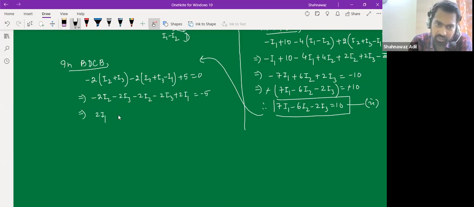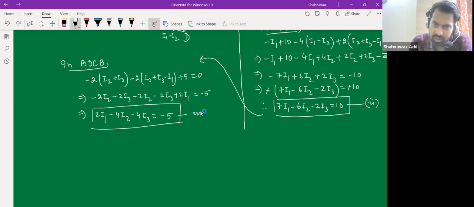So minus 4I2 and minus of 2I3, minus 2I3. This is the third equation. Right. This is the third equation, and now let us write all the equations.